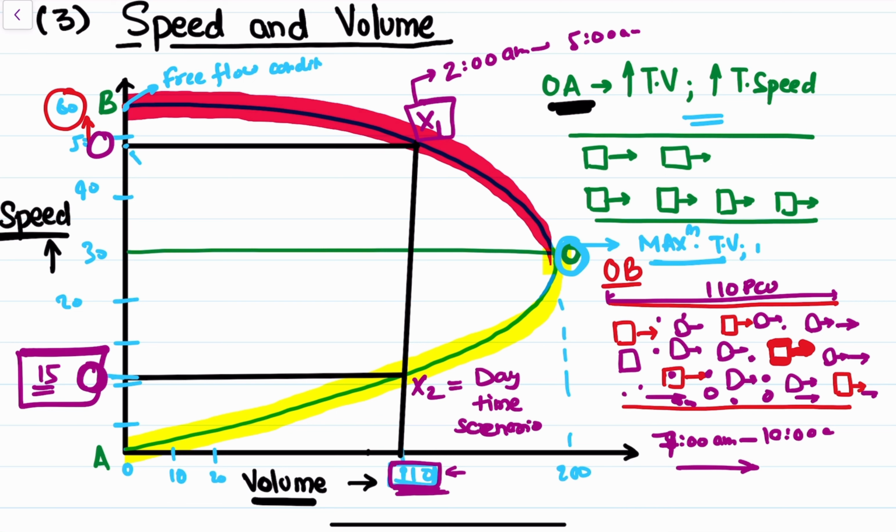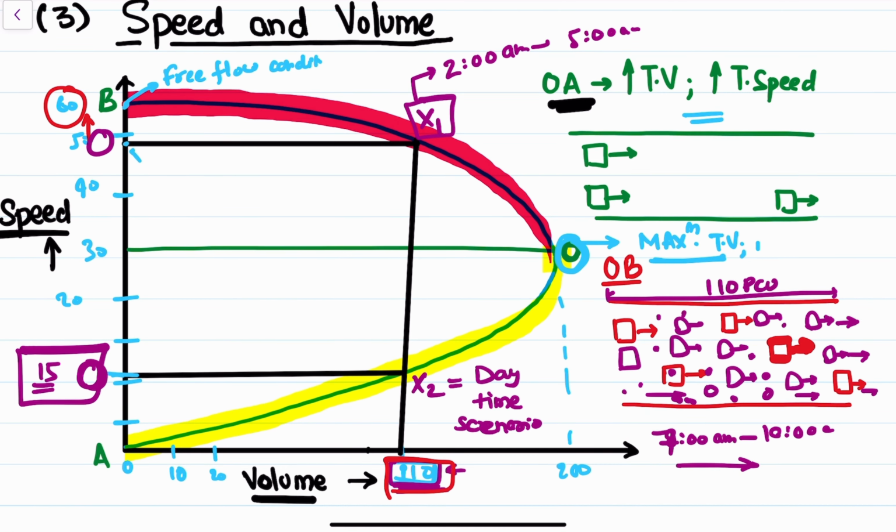But at this time, in your 1 hour, the traffic volume that was crossing was the same. 110 vehicles were crossing the road section in 1 hour, but since the road was completely empty at morning time, the velocity or the speed with which the vehicles were crossing was fairly high, right?